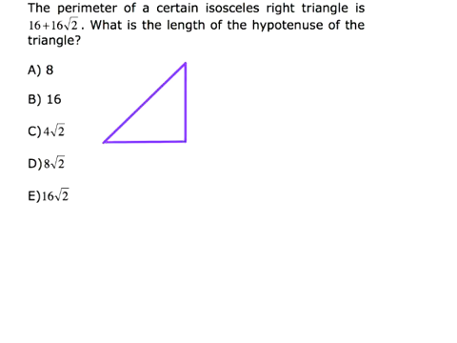So the perimeter is going to be x plus x plus x square root 2. So that's 2x plus x square root 2. And that's going to equal the number that they tell you it equals.